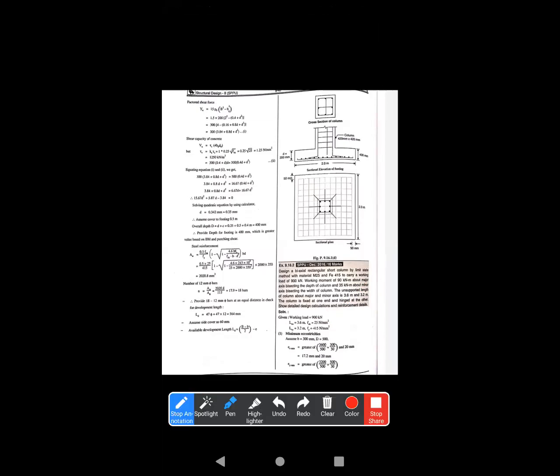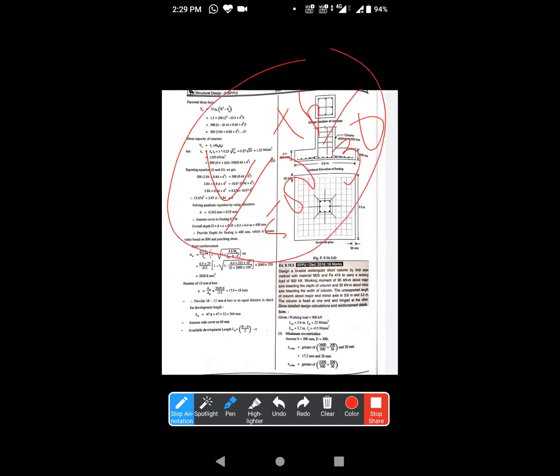The formula for the minimum eccentricity is L upon 500 plus D upon 30, that is L upon 500 plus B upon 30.